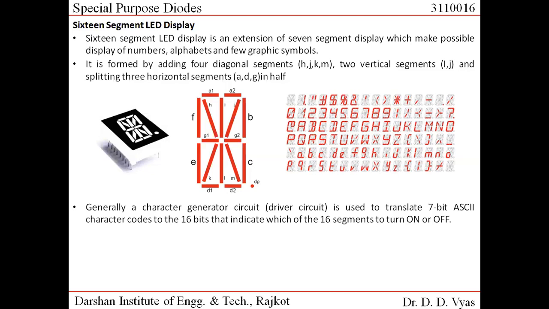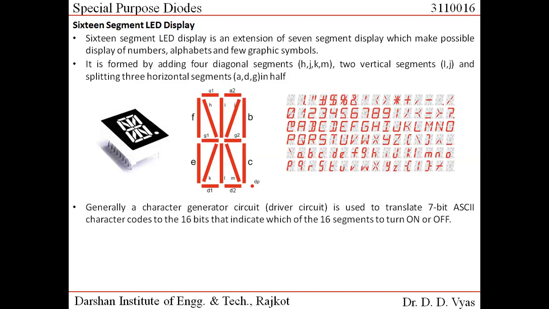What do I mean by this? We are all aware of what a 7-bit ASCII code is: American Standard Code for Information Interchange. Maybe you would have studied it as a part of a basic CPU course. Primarily, all the characters which are seen on a computer keyboard are ASCII characters. And each character, whether capital A, small a, any special symbol, digits 0 to 9, all these characters are represented by a standard 7-bit code, which we call ASCII code.